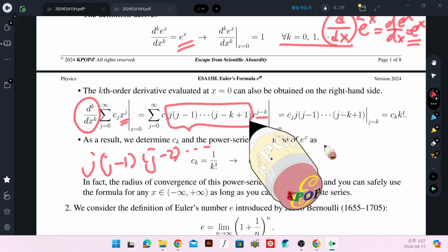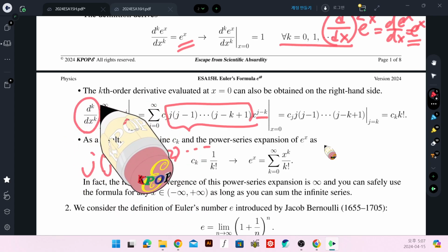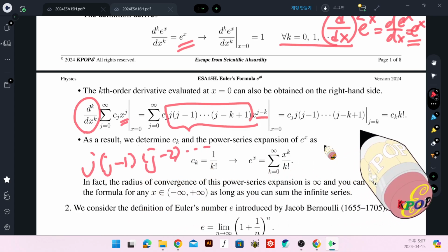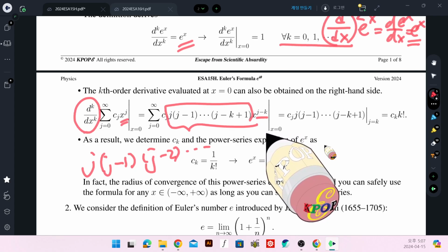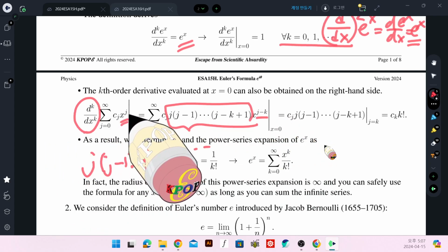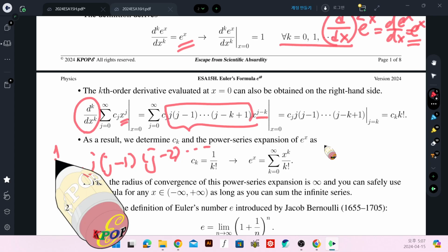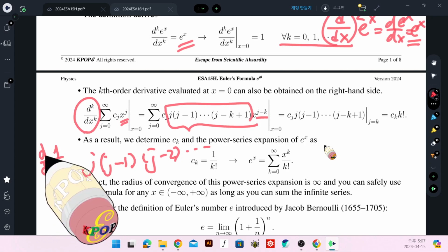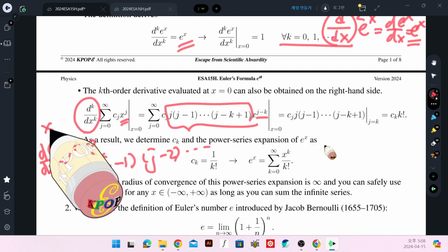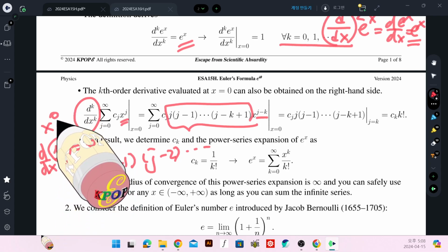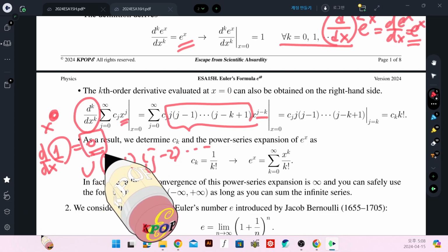By the way, if I substitute 0 after taking the derivative k times, only a single term survives. The terms with powers of x lower than k vanish. For example, if I take the derivative of 1 with respect to x, it becomes 0. That is x to the 0th power: a single derivative will result in 0.